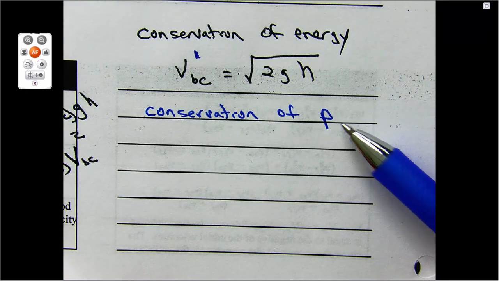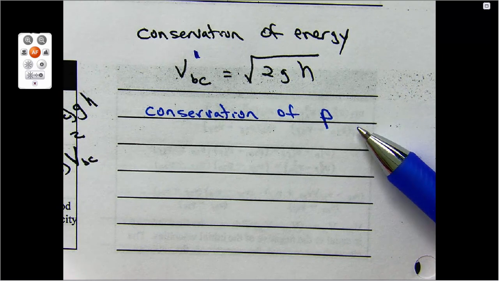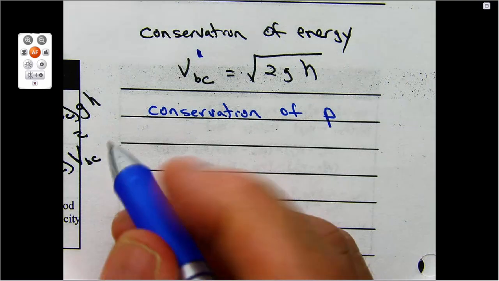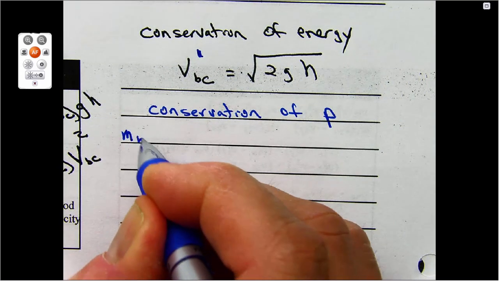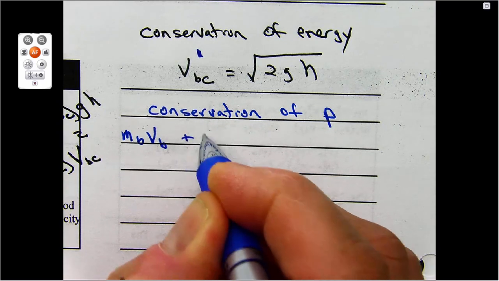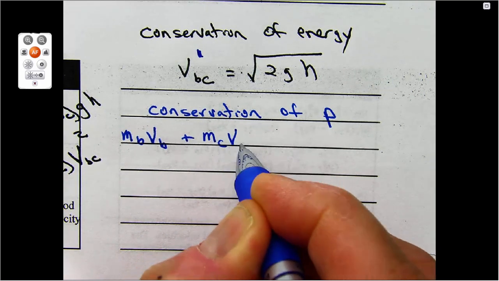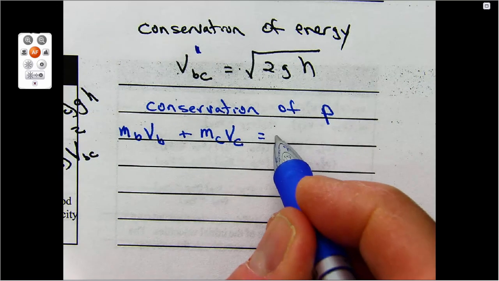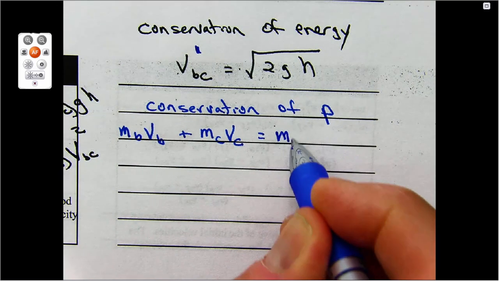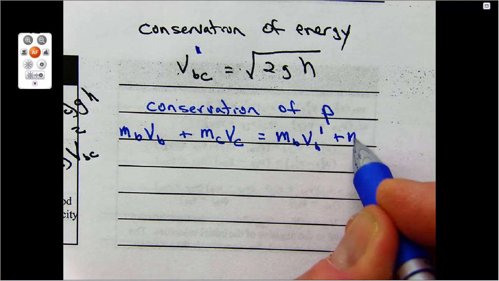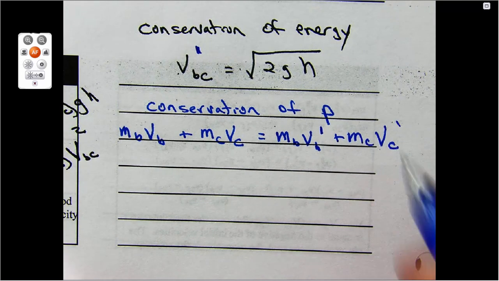Now here comes my conservation of momentum. Mass of the bullet, velocity of the bullet, plus the mass of the catcher, velocity of the catcher, equals mass of the ball, velocity of the ball prime, plus the mass of the catcher, velocity of the catcher prime.